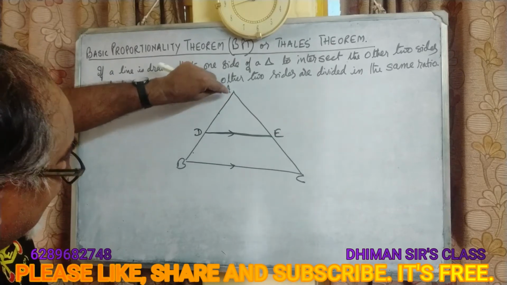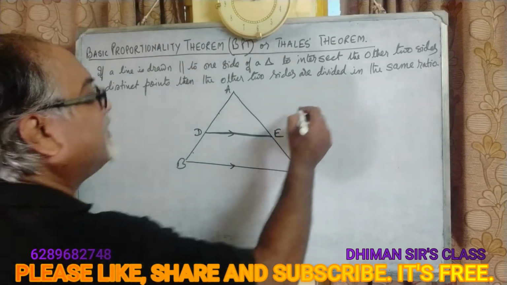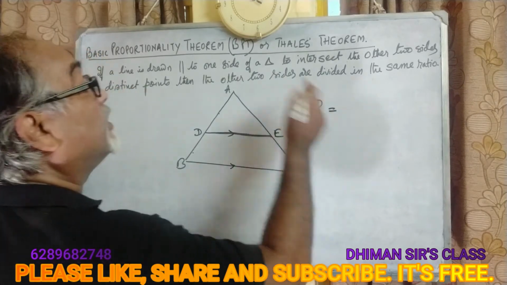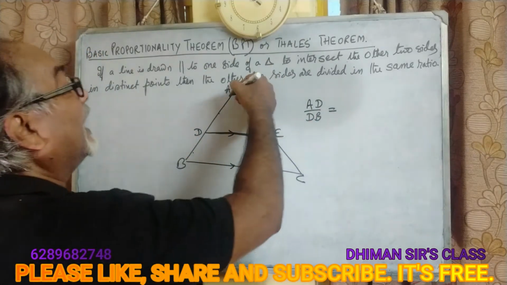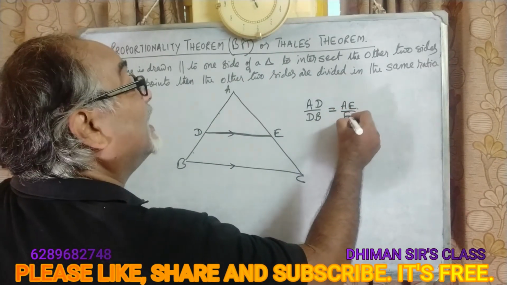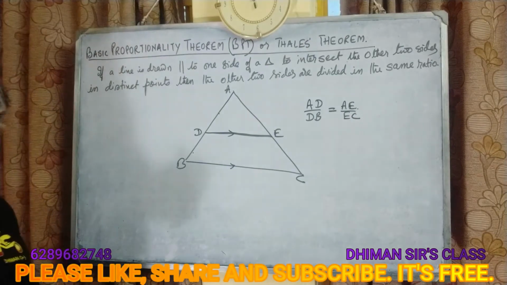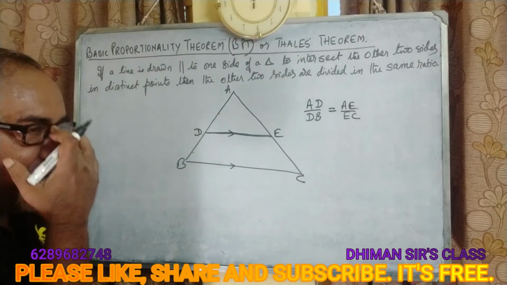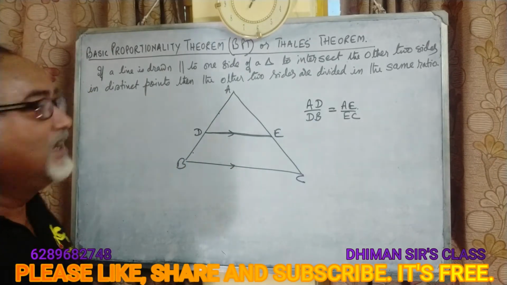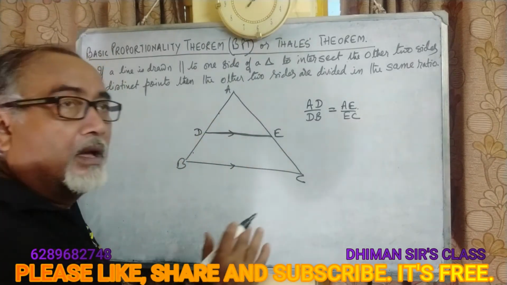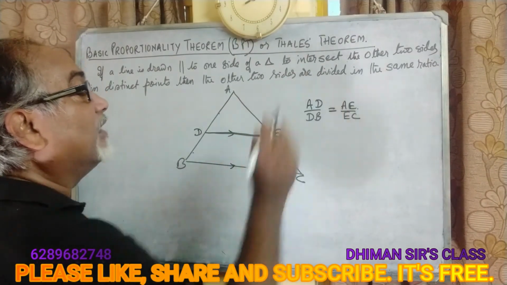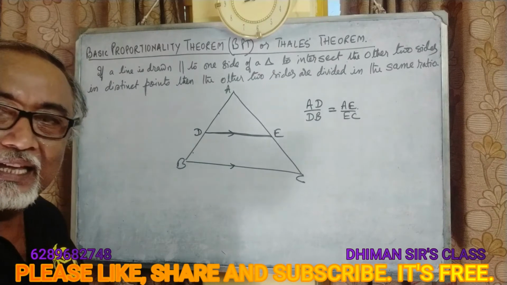This side AD by DB will be equal to, in the same ratio, this side also divided, AE by EC. Okay, students, what is given to us? We are given this line is parallel to this line, and what is to be proved? We have to prove AD by DB is equal to AE by EC.